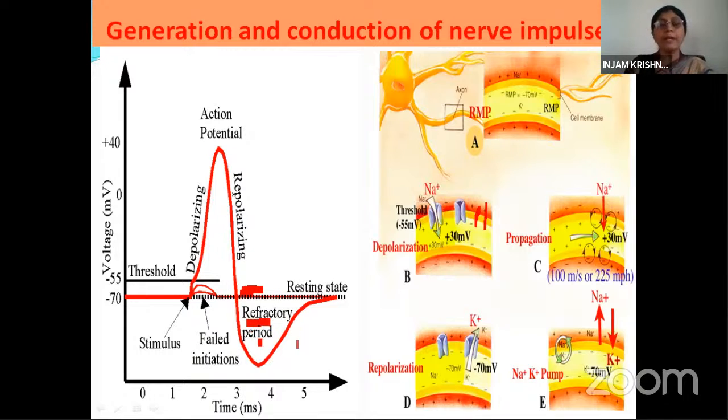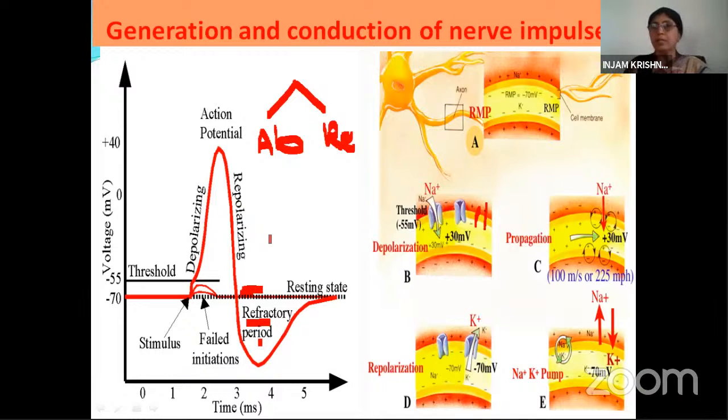But refractory period is of two types. One is absolute, the other one is relative. Absolute means definitely you reject it. I can't do this work again. That is absolute refractory.